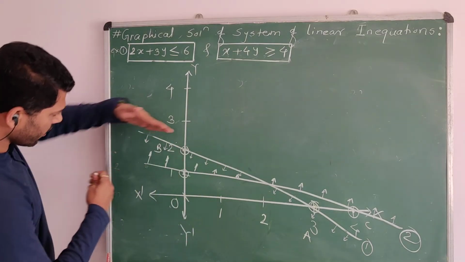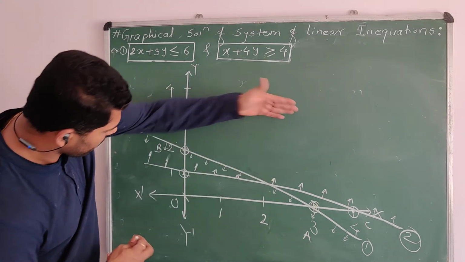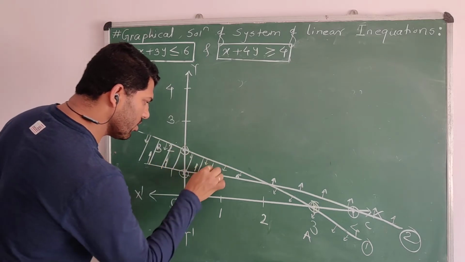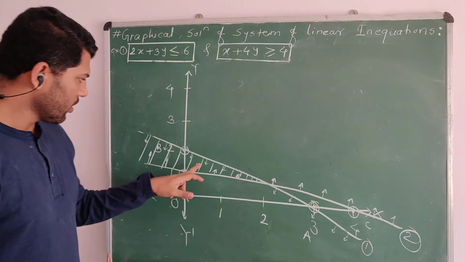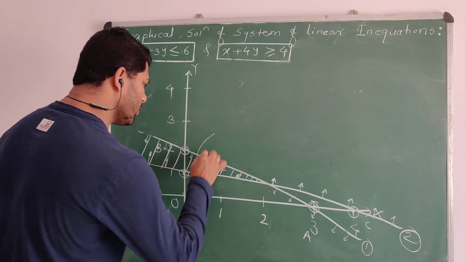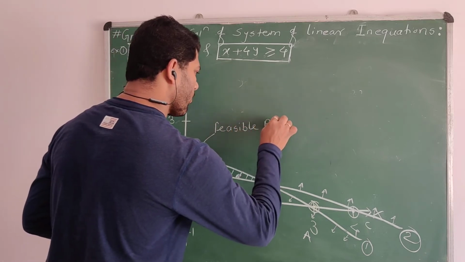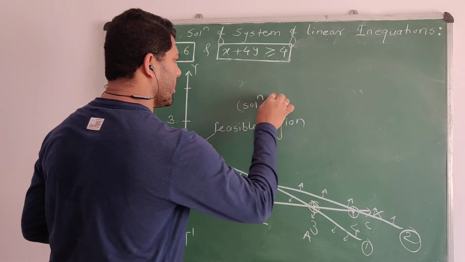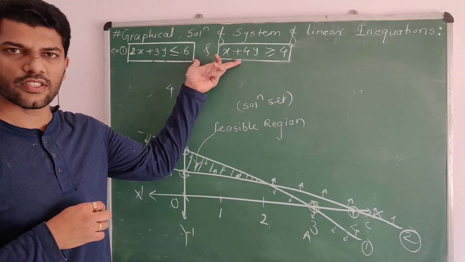Below this line and above this line means this shaded area where these two arrows cross each other. So this is nothing but the solution set, which is also called the feasible region, for these two linear inequations.